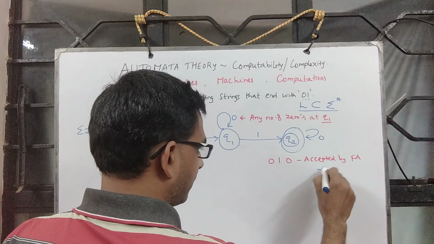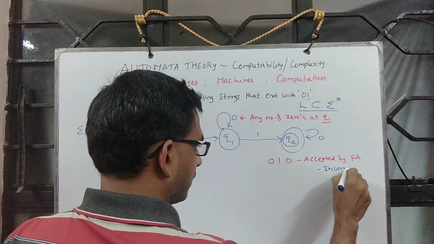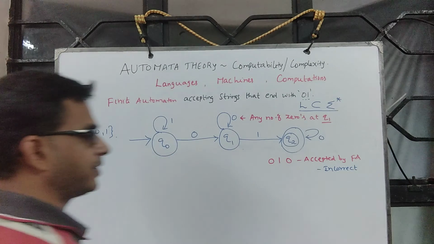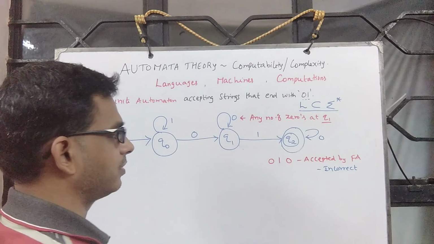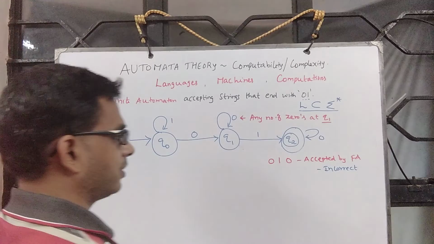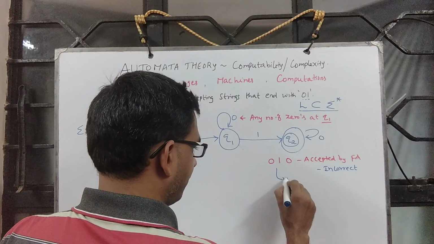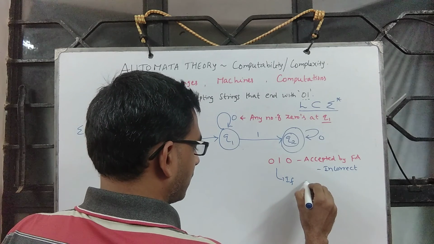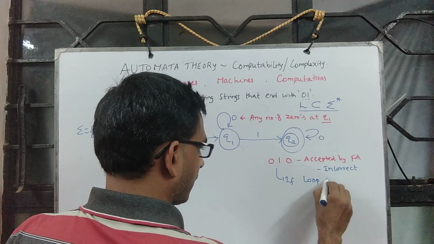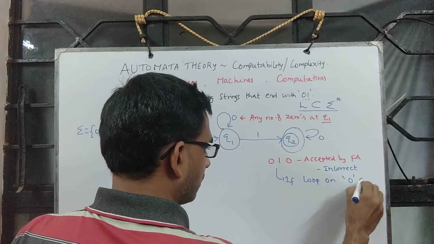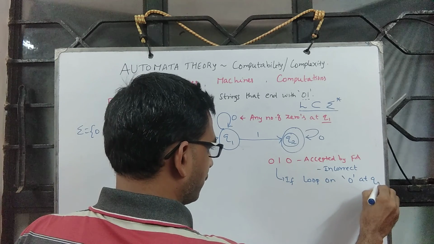And which is incorrect. So we are not supposed to accept such a string. So this is not allowed. 0, 1, 0 is accepted by FA if there is a loop on 0 at Q2.